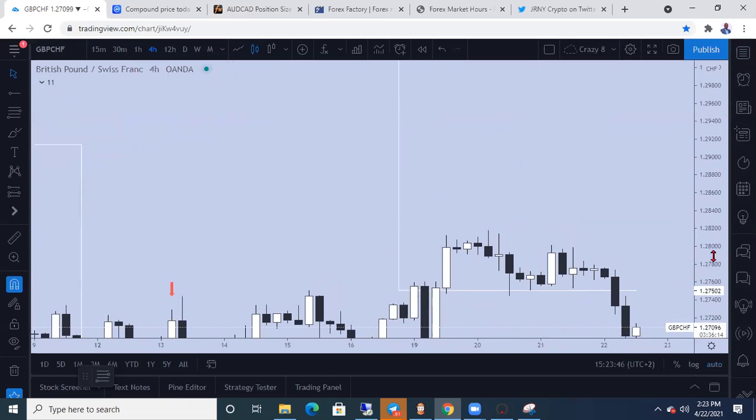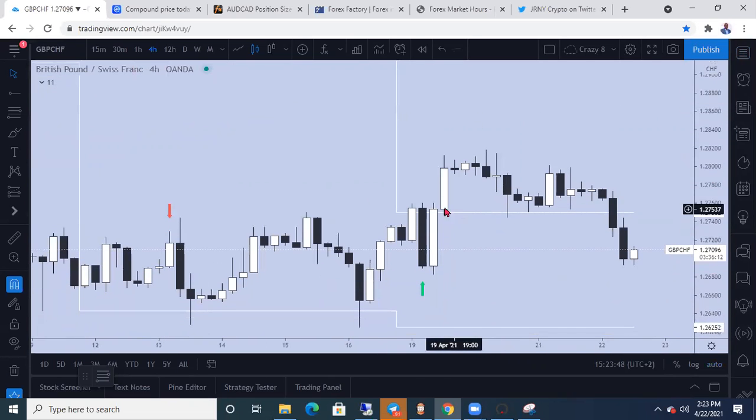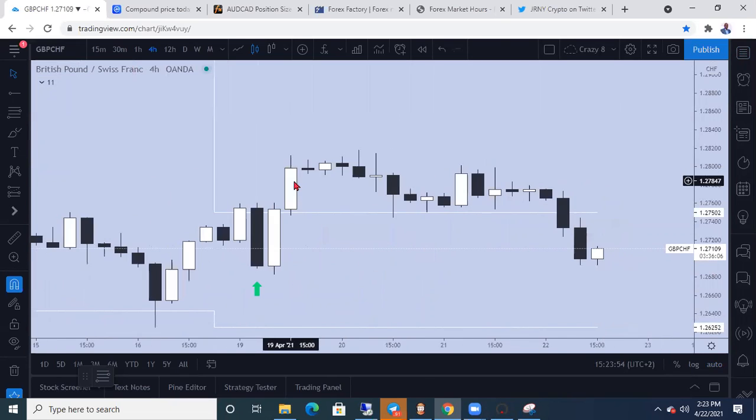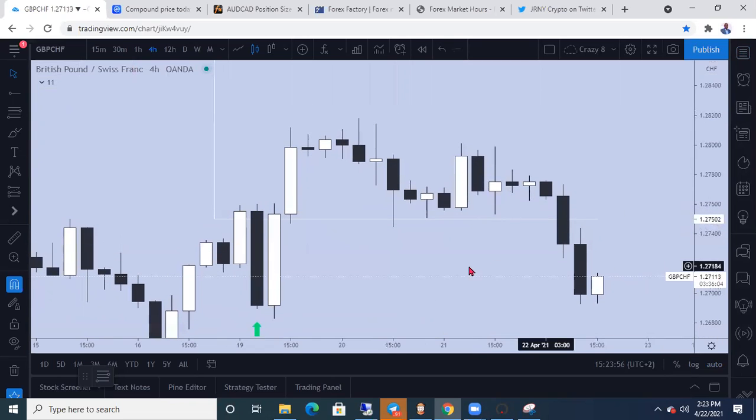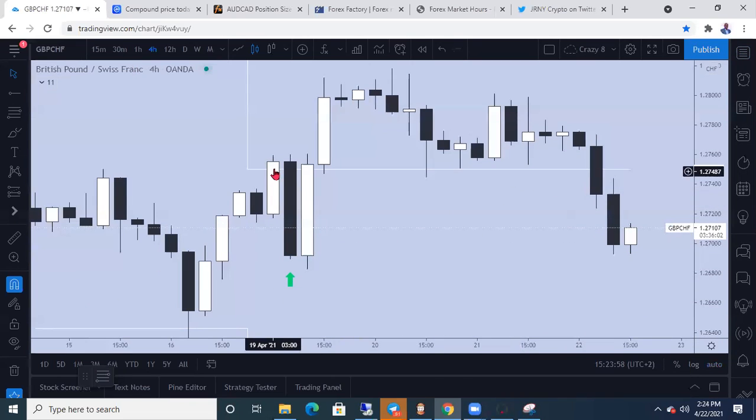Yep, we have a setup on GChef here. Now this setup looks funny, and I'll explain why. I could use this as my bearish engulfing that has been violated. I can't use this as my inside bar.